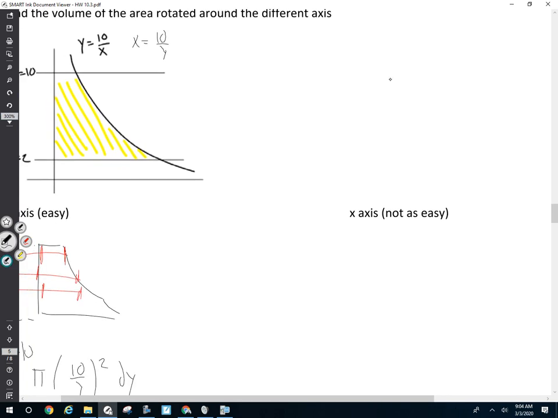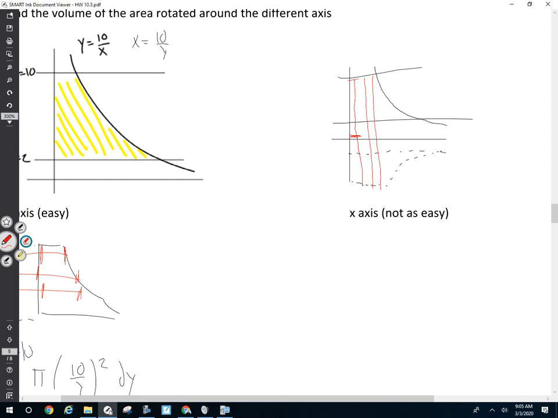Why? Well, first of all, we'd have a hole. That's one thing we have to worry about. The second thing is the following. If I start drawing some red cylinders, I see that the outside has 2 different tops.